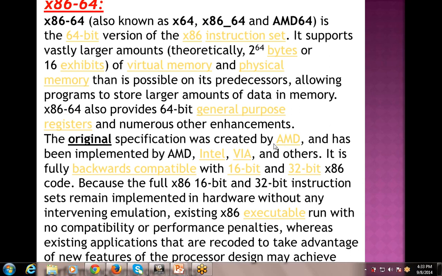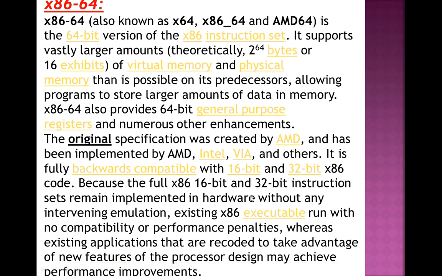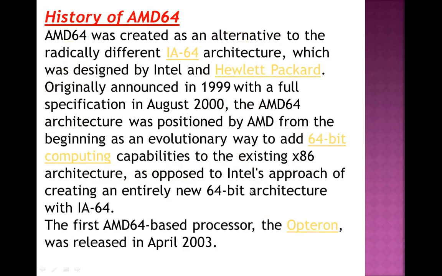This paragraph is about the history of the x86-64. It was created by AMD and then implemented by AMD, Intel, VIA and others. It comes in multiple bit widths, that is 16 bits, 32 bits. Then we also discussed the history of AMD, how it was developed and created by AMD.